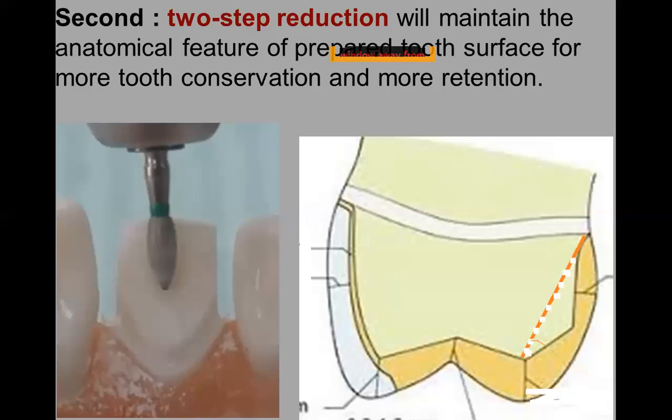So if we cut the tooth in one step, just like the red dotted line, what will we have? We will have an over-sloped, inclined preparation, and we will cut more from the tooth structure.